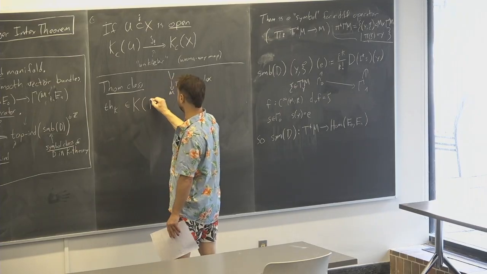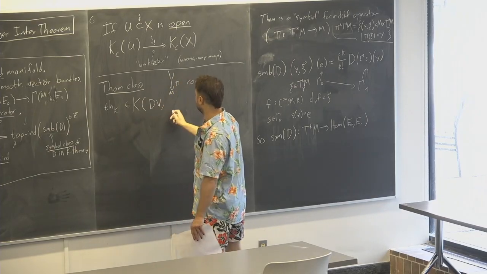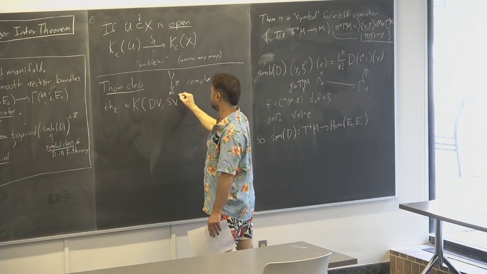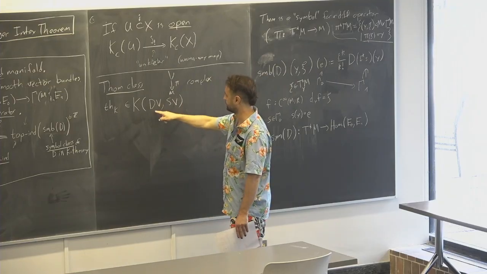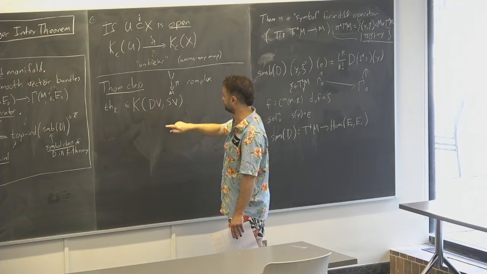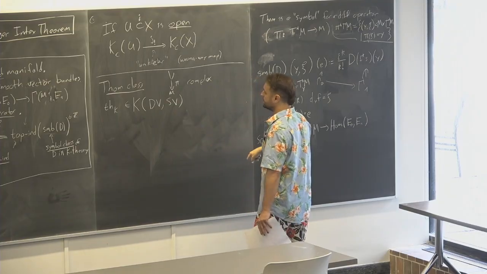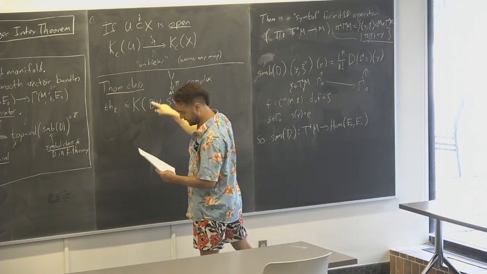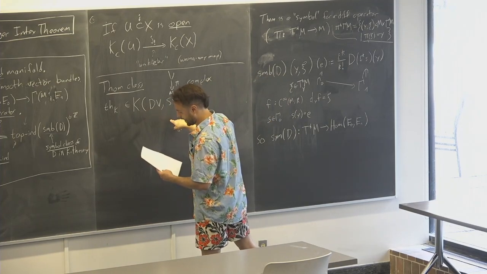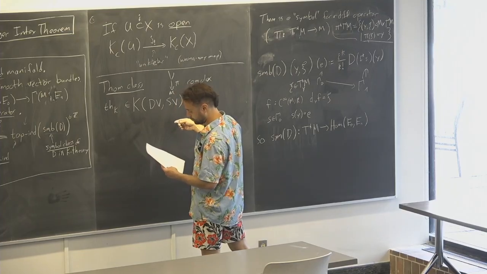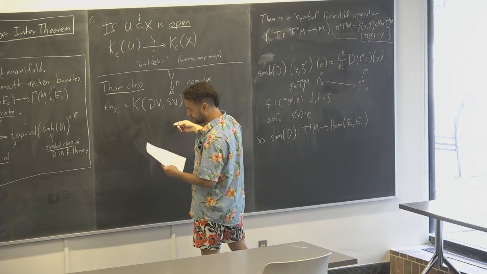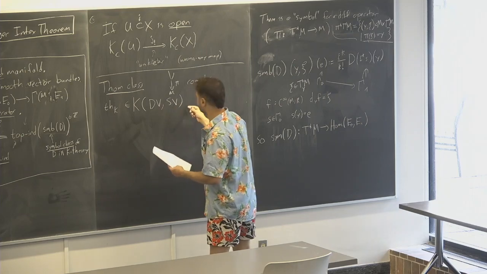Usually this lives in a space of pairs. If you choose a metric, you can define the disk bundle of V and the sphere bundle of V, and the Thom class typically lives here. It was the wrap up of the exterior bundle pullback, so this is the relative class.